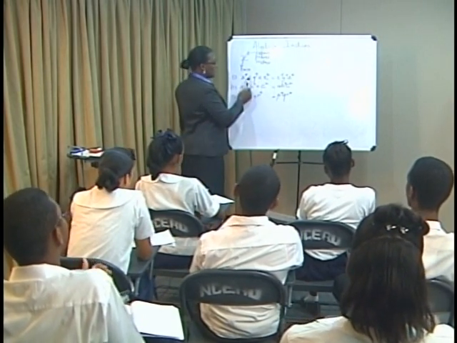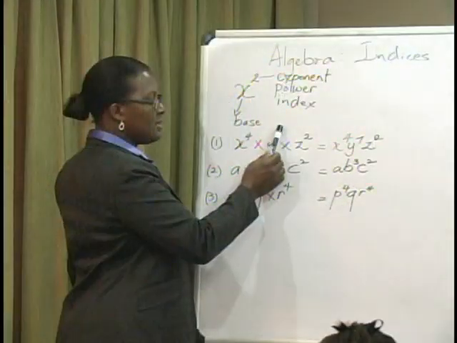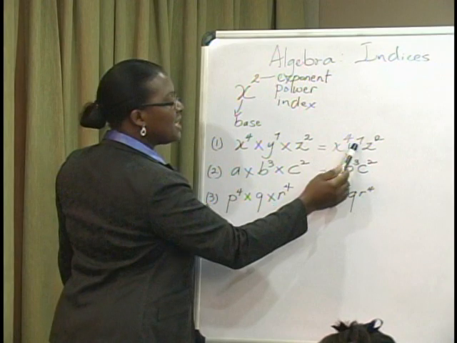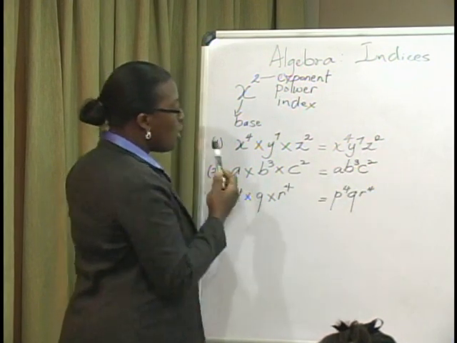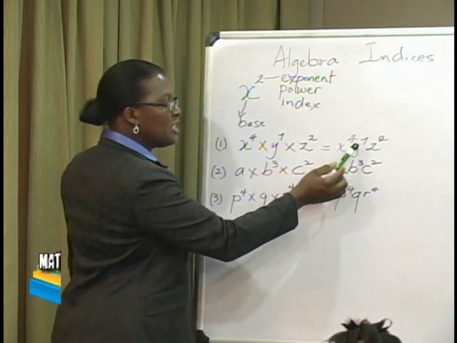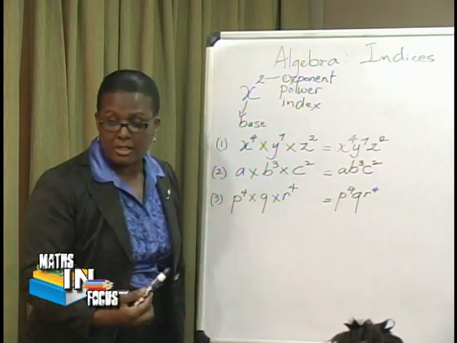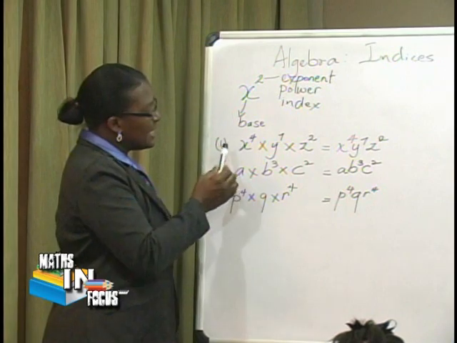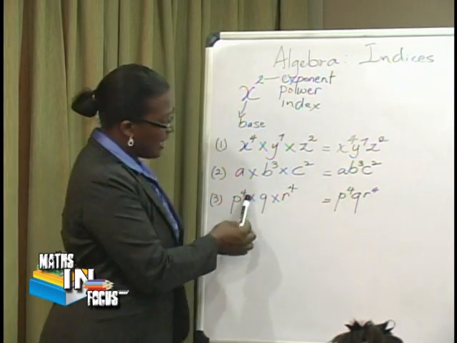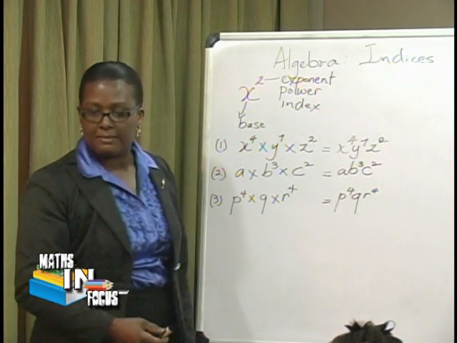We have x to the fourth by y to the 7 by z squared, and what we got here is x to the fourth, y to the 7, z squared. All we see missing is this multiplication sign, and even though it's not here, it's understood that it's there. So basically what we did for these three is remove this sign and rewrite everything else.